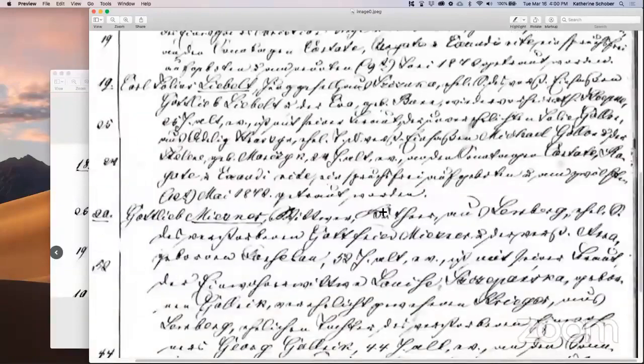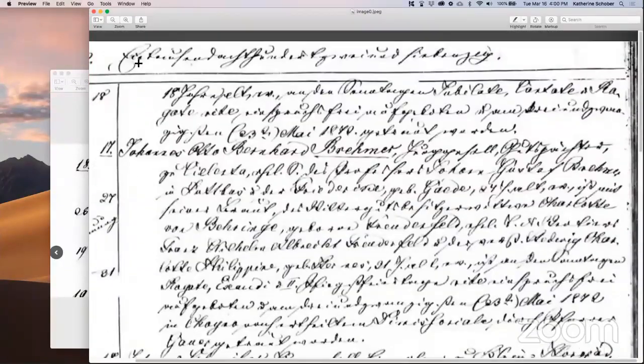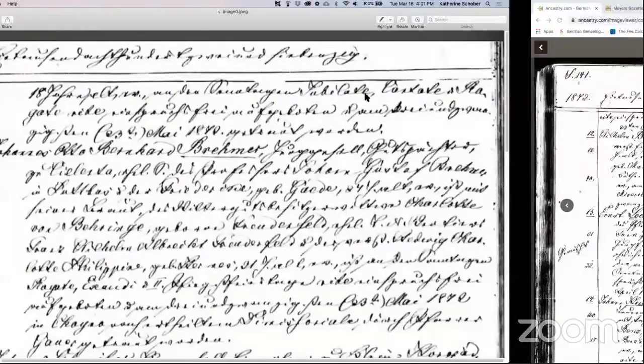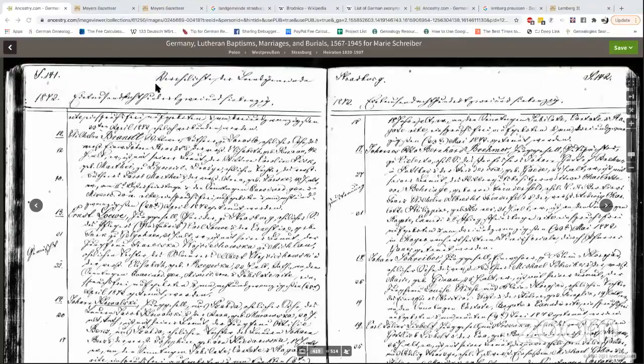At the top of this page, this says 1872, but it doesn't give us a location. However, on Ancestry, look what's written above this number. So this is the number.